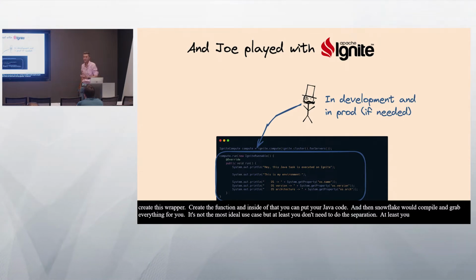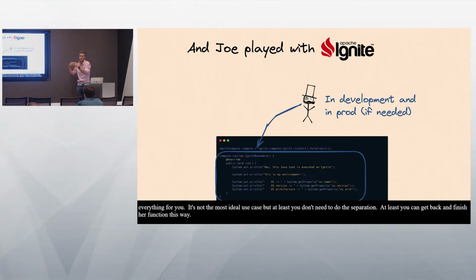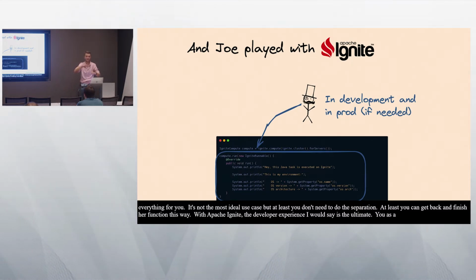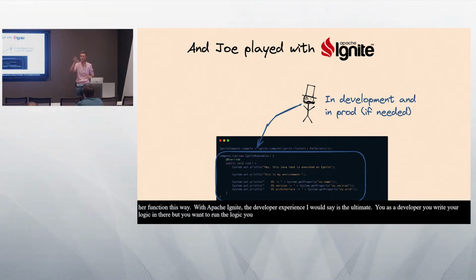With Apache Ignite, the developer experience is, I would say, the ultimate, because you as a developer, same as with the previous example, write your logic, and then when you want to run this logic in your cluster, you just click the start button. Similarly, as with database as a service, when a developer wants a database, you provide a configuration, you click start, you get that instance.